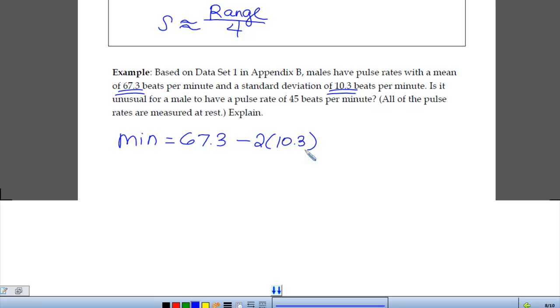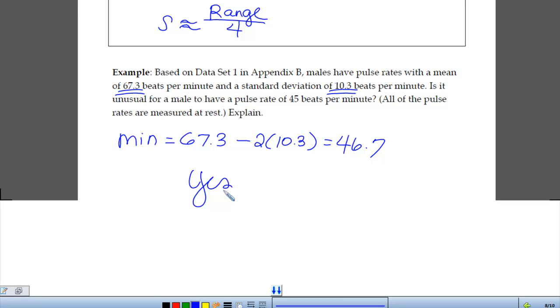And I get 46.7. That's enough for us. We don't even have to go any farther, because 45 falls below that. It's below the minimum. So is it unusual for a male to have a pulse rate of 45 beats per minute? Yes, it's unusual.